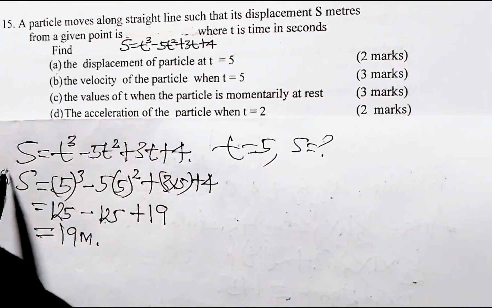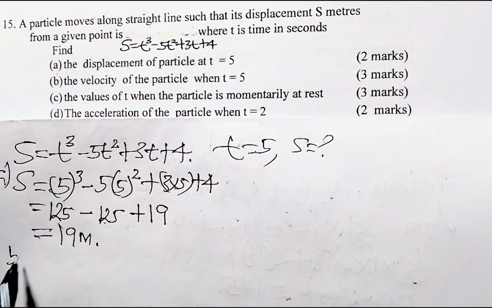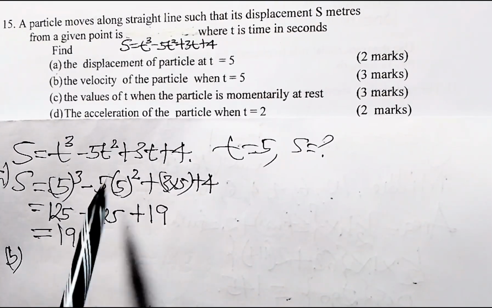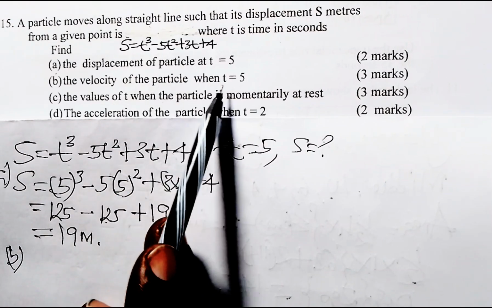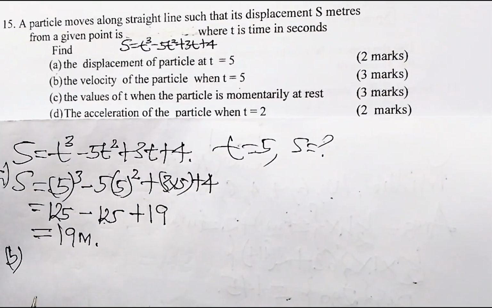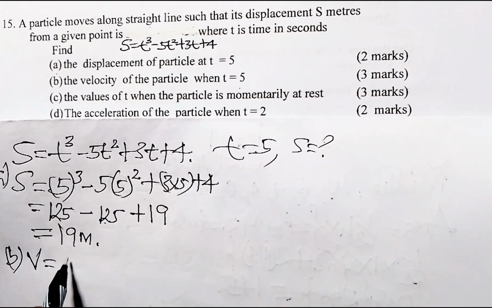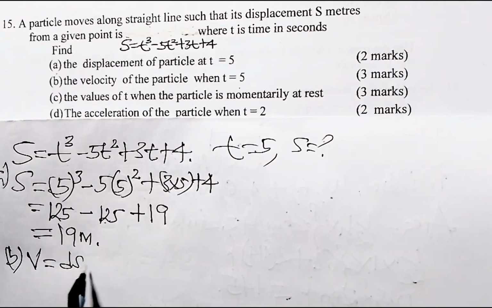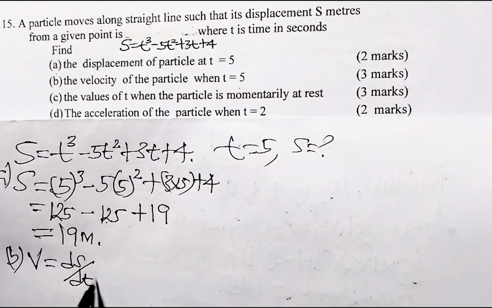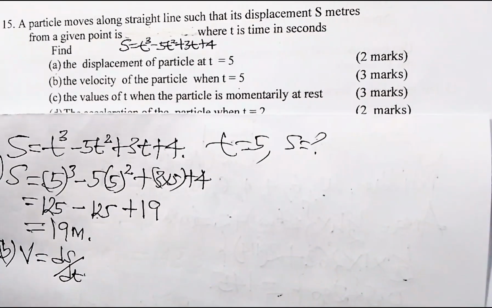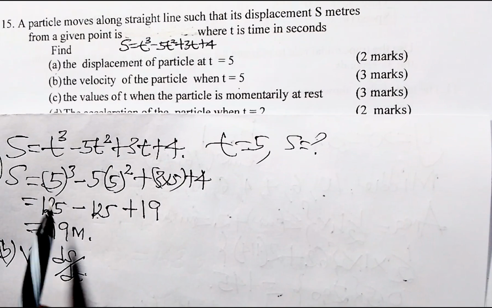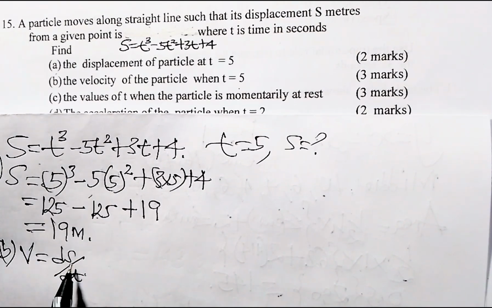In part B, you are told to find the velocity of the particle when t is equal to 5. The velocity function is given by ds by dt. We differentiate the displacement function with respect to time.